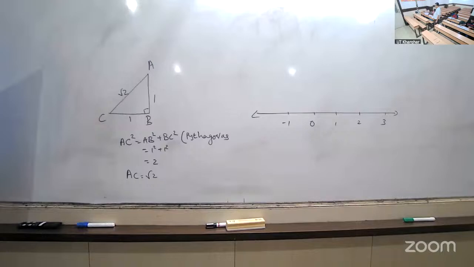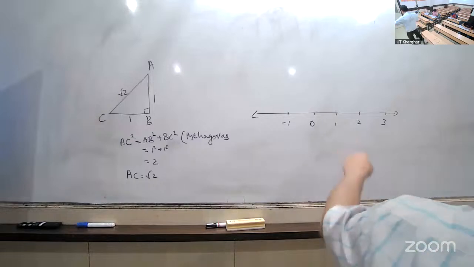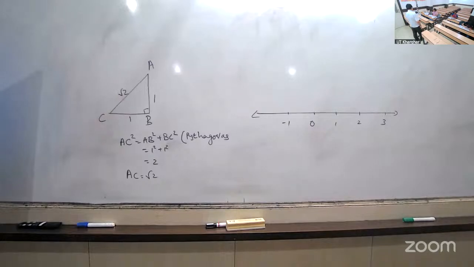Okay. Then make a perpendicular at 1. Take the protractor.